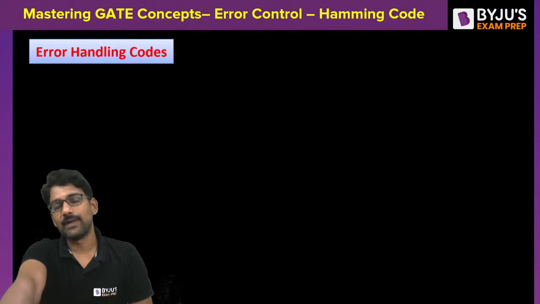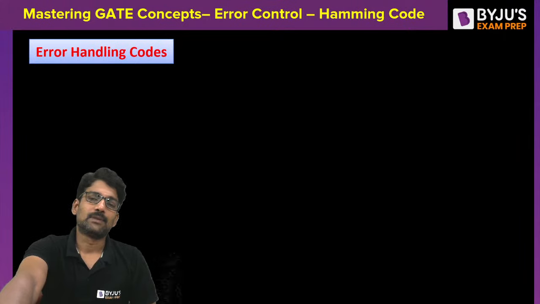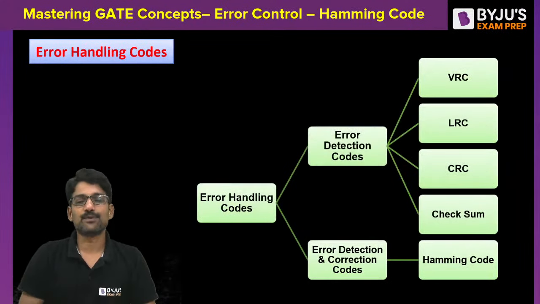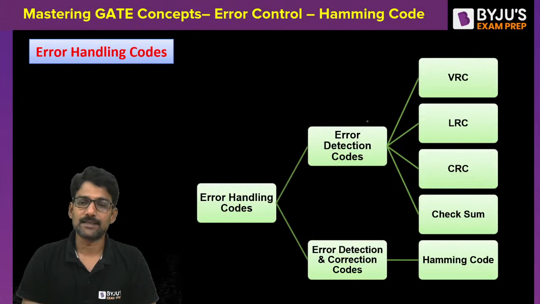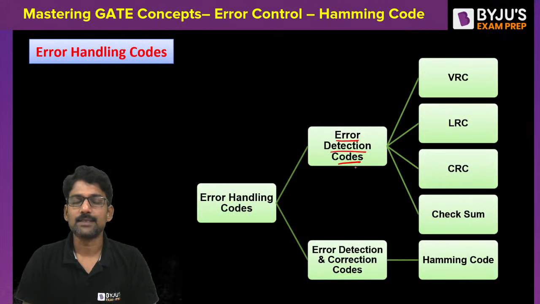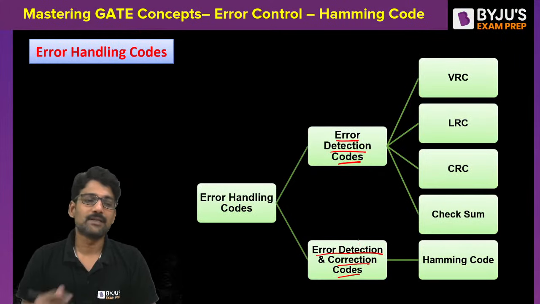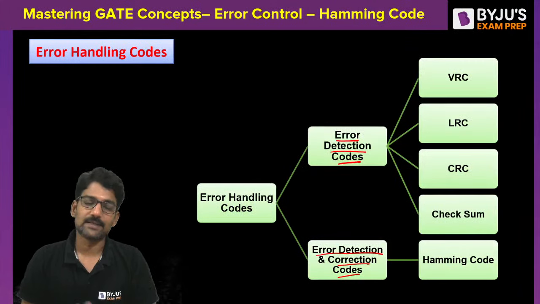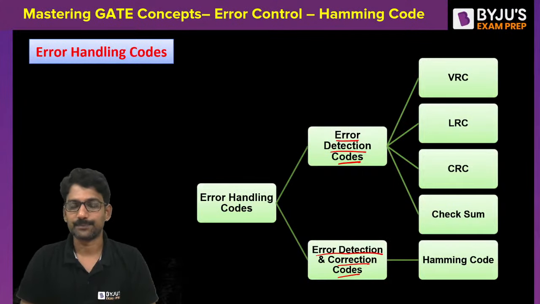Guys, we have understood that to handle errors, we have basically two types of techniques, as discussed yesterday. One is error detection code, the other is error detection and correction code. Detection code will find only the presence, whereas detection and correction code will find both presence and position of error.